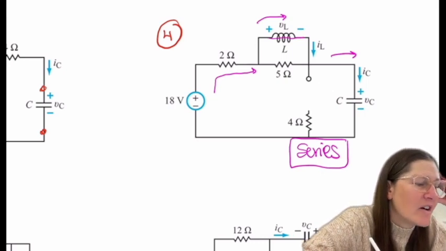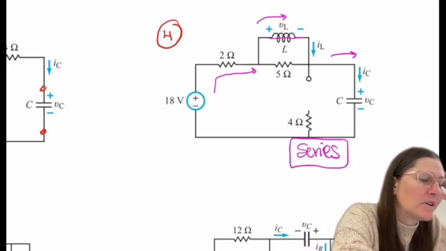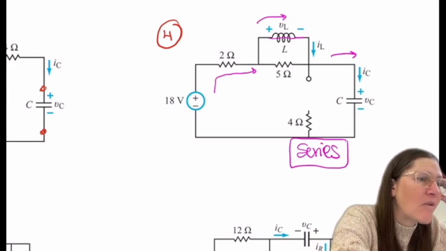At the initial stage, we would do it at time 0 minus first. And then at 0 plus, we put in a current source for the inductor. And so at 0 plus, the way we're looking at it, there would still be 0 current going over the 5 ohm resistor, correct?